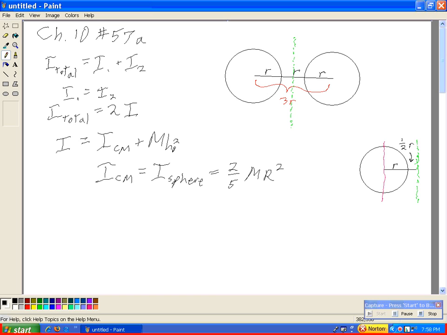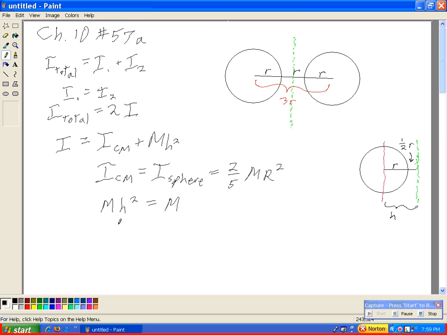Next is to find this. Well, mh squared is m, and h is the distance from one axis to another. So this is h. Okay.